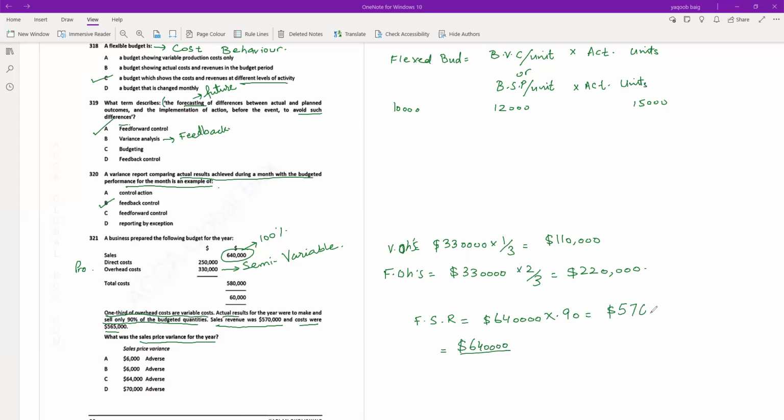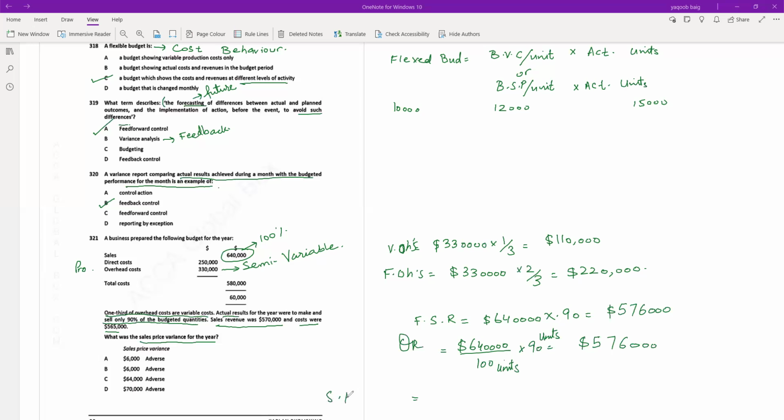Alternatively, if I assume that this 100% is 100 units and actually we produce 90 units, we definitely will get the same answer. So either treat 90% as 0.9 or treat 100% as 100 units and then treat this 90% as 90 units. In either case, your answer will be same.